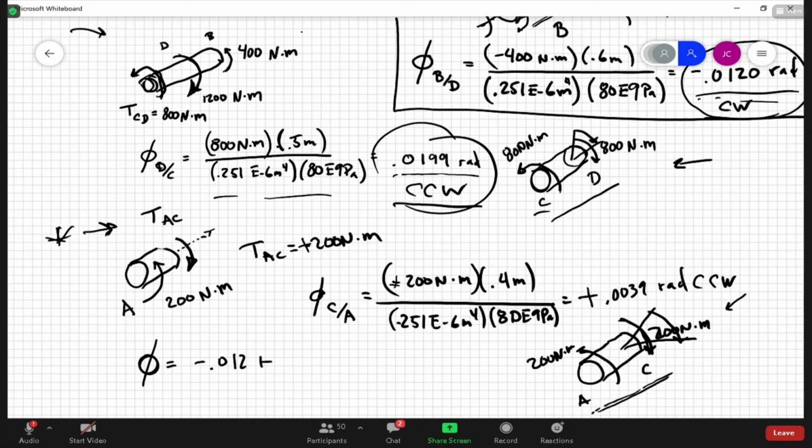The 0.0199 plus the final 0.0039, and that gives me, okay, that finally gives me the total rotation of B relative to A equal to negative 0.0118 radians, which is going to be a counterclockwise rotation. And let's just get this in degrees.